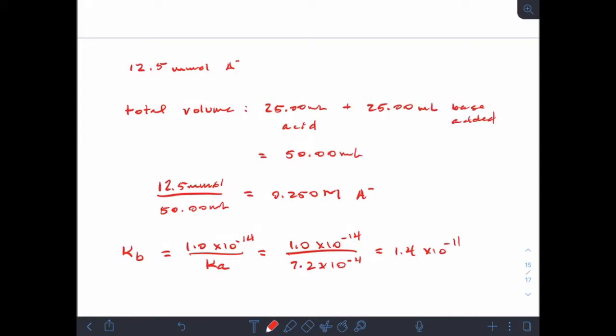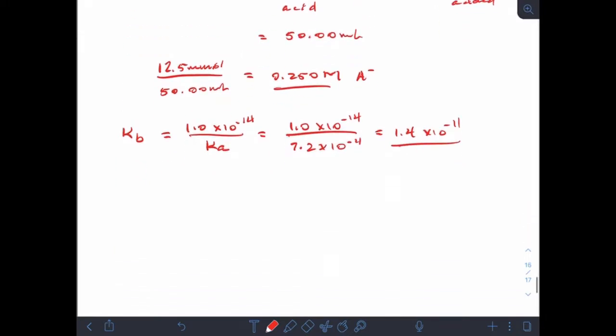Right, so once again, I want to point out our concentration and our K value are very, very different. So we're going to be able to assume that X is small. Right, so we're going to approach this the same way that we did with solving the pH of the weak acid by itself, but we're going to start with a base ionization equation.